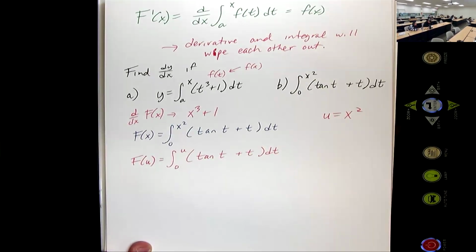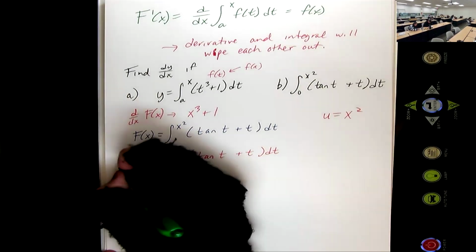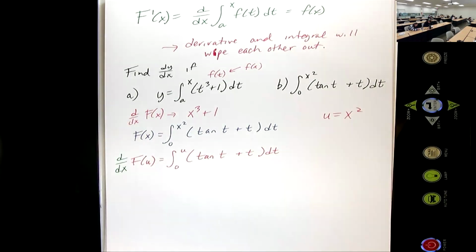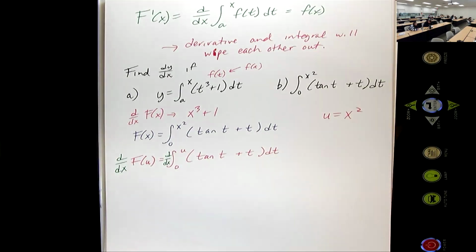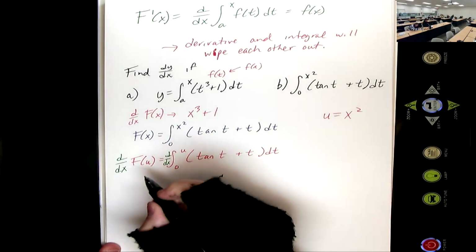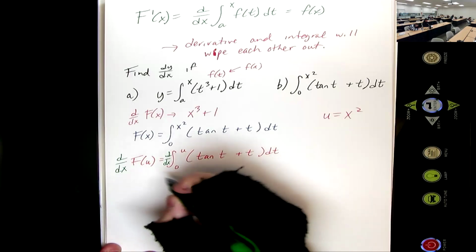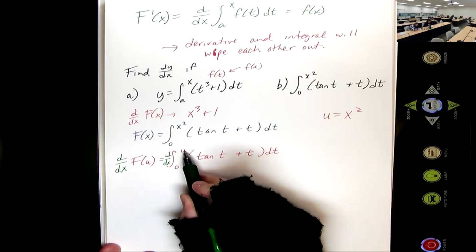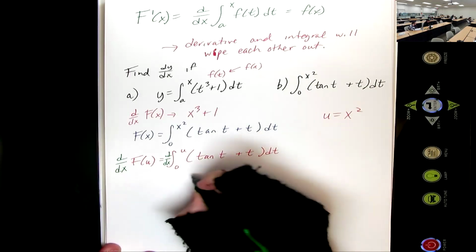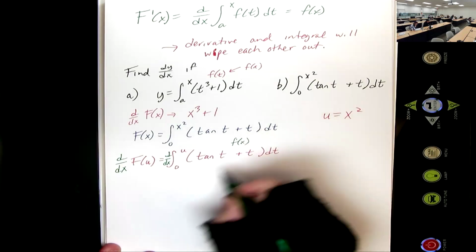And now I'm still doing d/dx on both sides. When I take the derivative, this should be evaluating at f of x, but it's not.